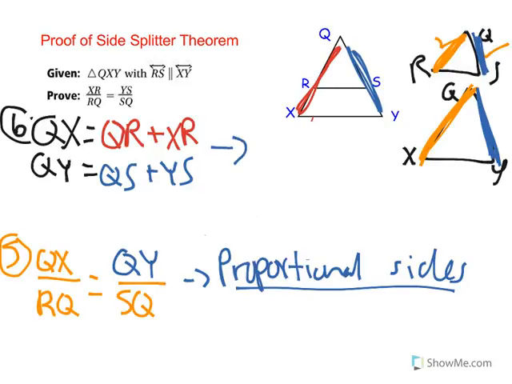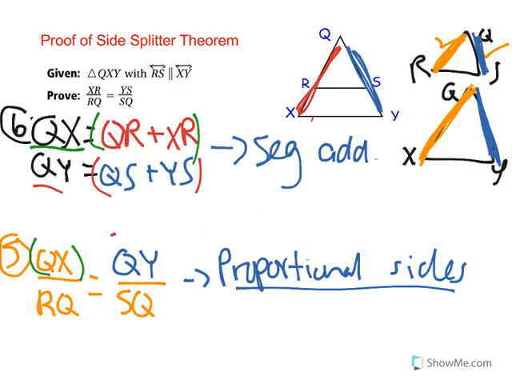So I know that because of segment addition. I'm going to take what I know QX is equal to and put it in place of QX down here. And then what I know QY is equal to and put it in place of QY.